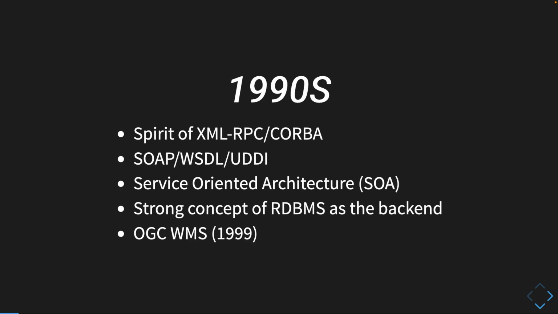So in the late 1990s, the Open Geospatial Consortium published the first version of the Web Map Service. That was in 1999, and that was really the beginning of a number of different web services from the OGC, which helped us do visualization, discovery, and access of geospatial data on the internet.